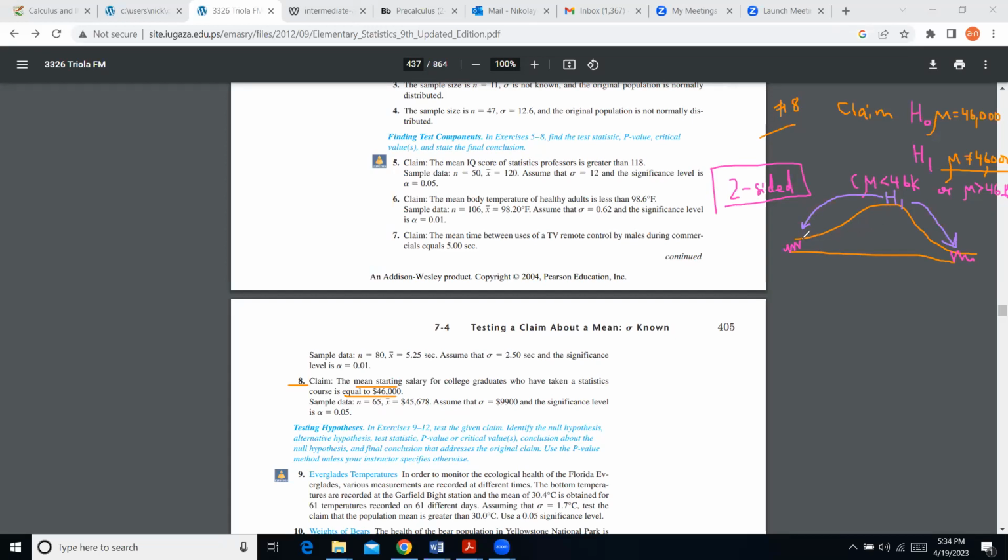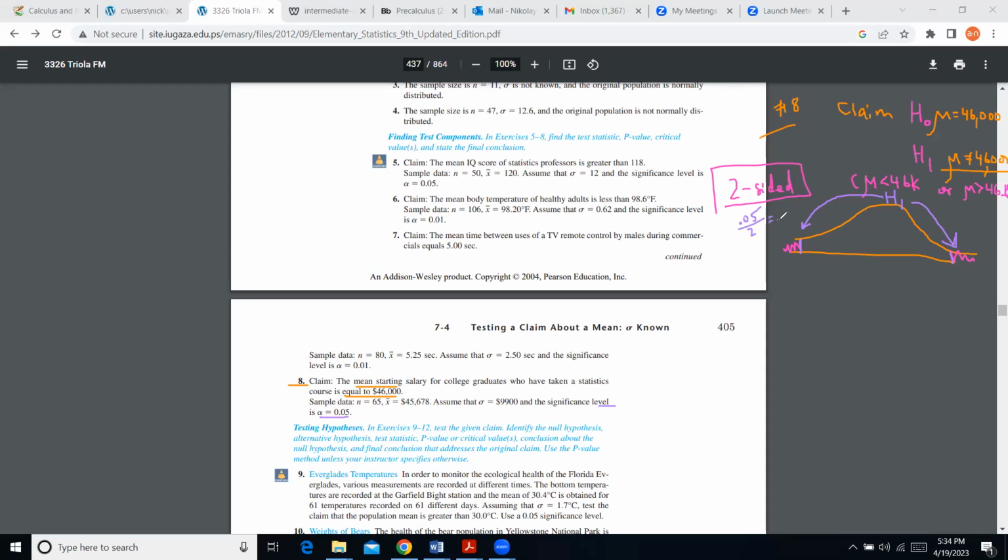So now I need the border values, the critical values for the Z scores that correspond to the level of significance of 5%, 0.05, which must be split into two equal pieces, right?